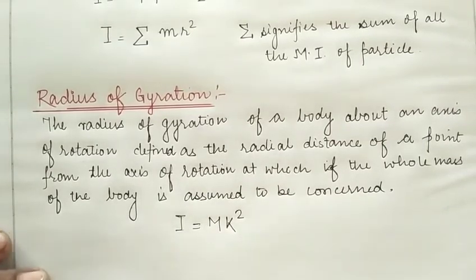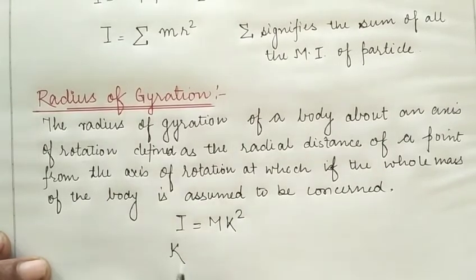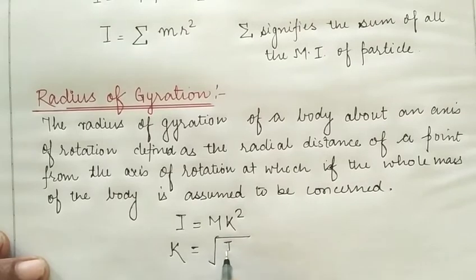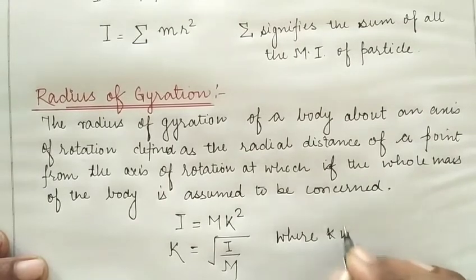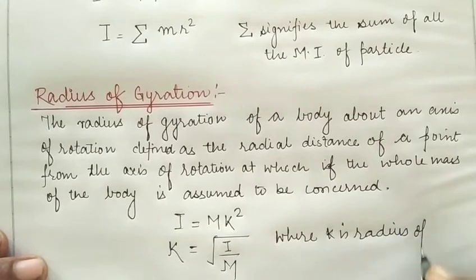So if capital M is the total mass of the body and k is the distance, then k, the radius of gyration, is given by the square root of I by M, where k is the radius of gyration.